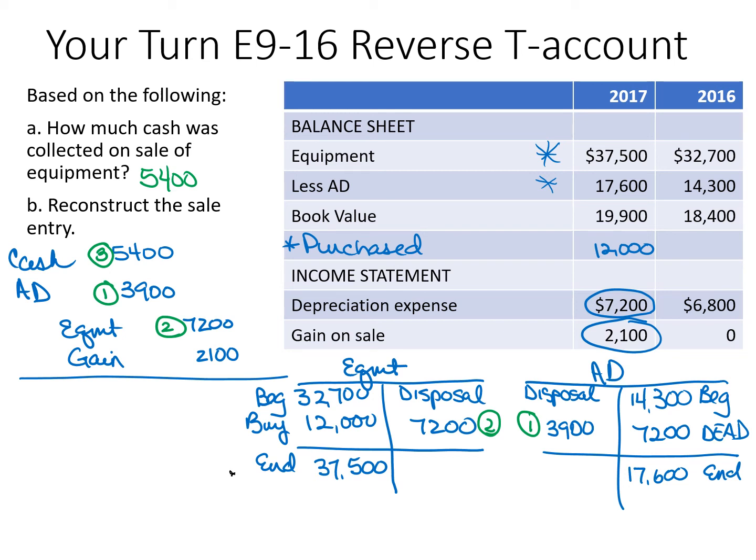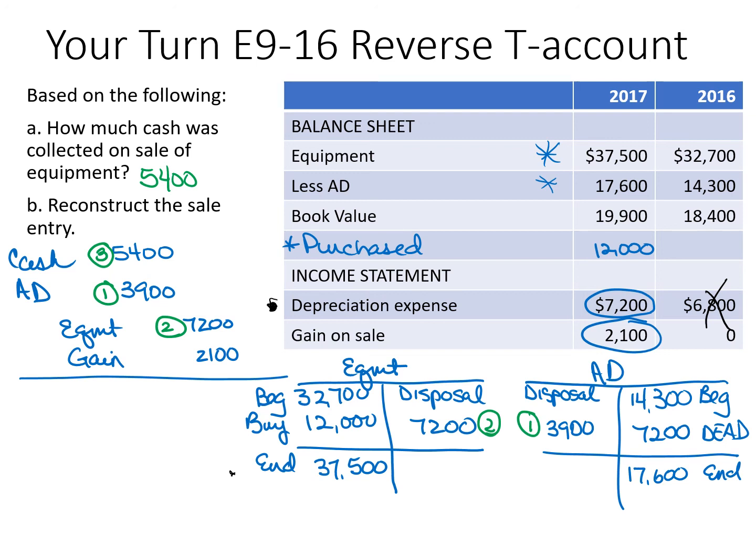Reconstructing accumulated depreciation, it started the year at 14,300, ended the year at 17,600. We can see that our DED entry for the year was 7,200. So if that's the case, then the amount of accumulated depreciation on the equipment that we disposed of was 3,900. So that's number 1, and that goes into the entry.